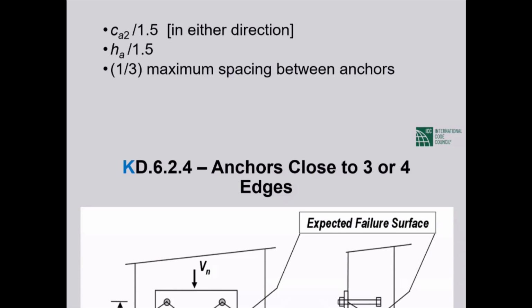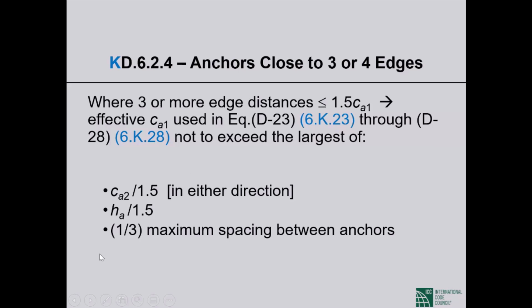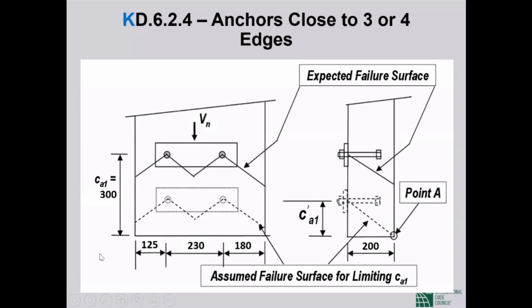So we have a group of 2 anchors. Edge distance this way 300 millimeters, this way 125. So the edge distance in the direction of shear C sub A1 is 300 millimeters.